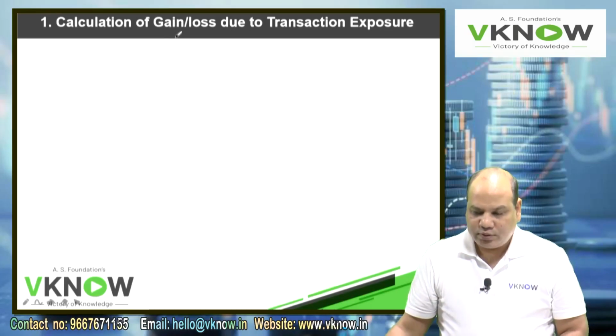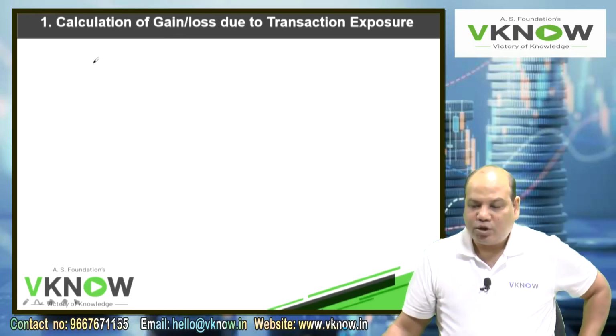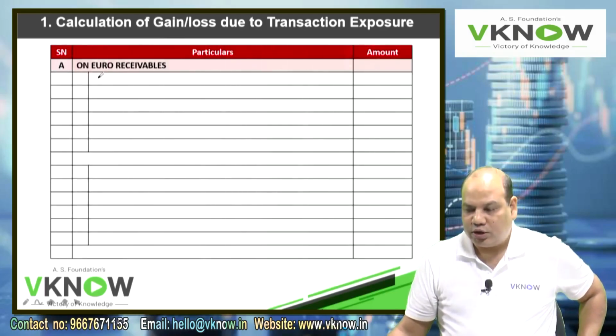First part, based on original data, calculation of gain or loss due to transaction exposure. First write down a table: serial number, particulars, amount.